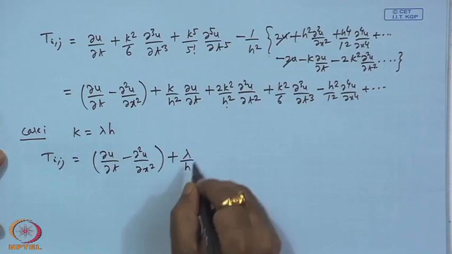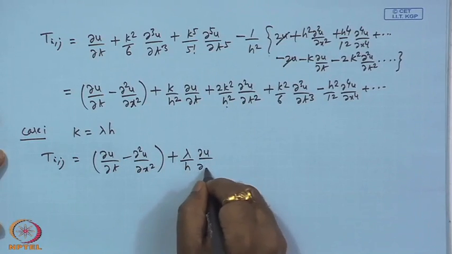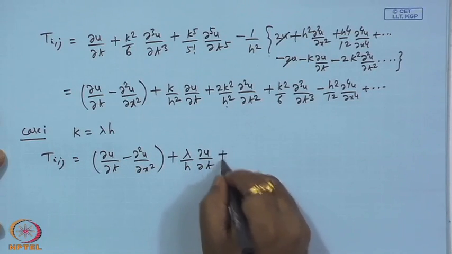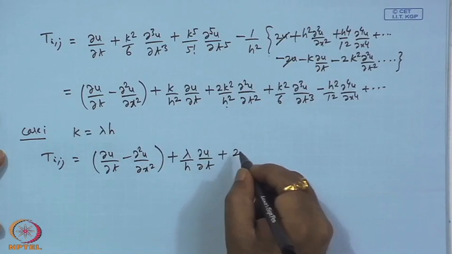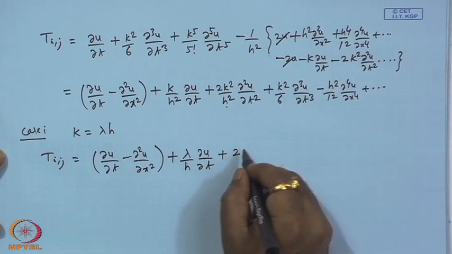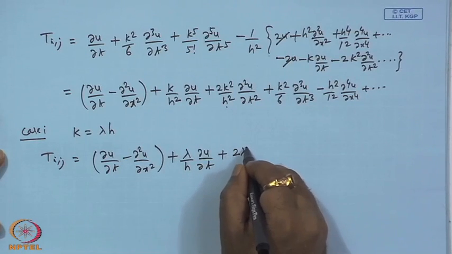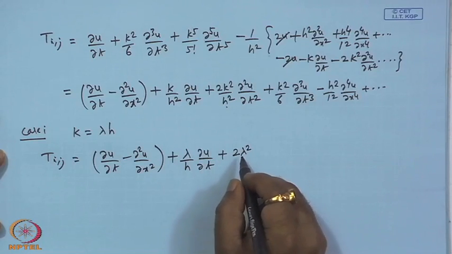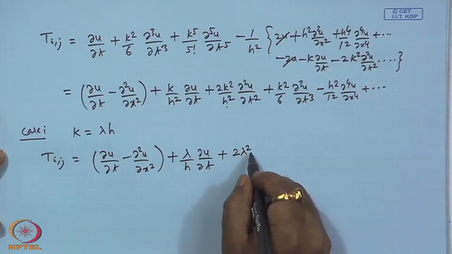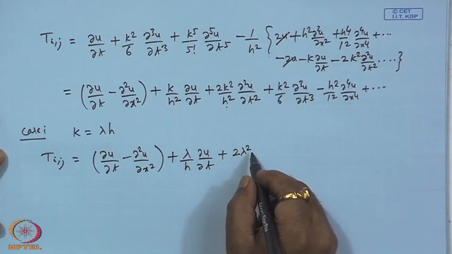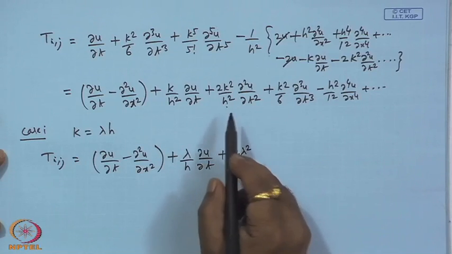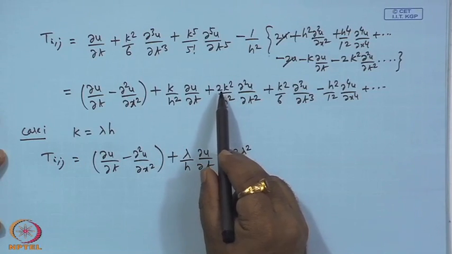So, you have lambda by h plus 2 lambda square, okay, 2 lambda square, k is lambda h.